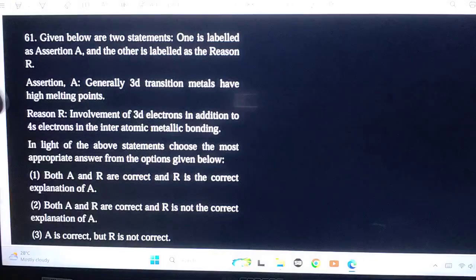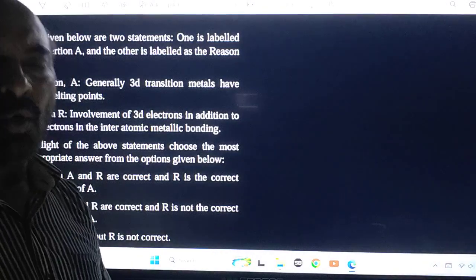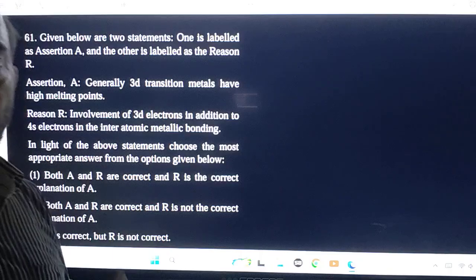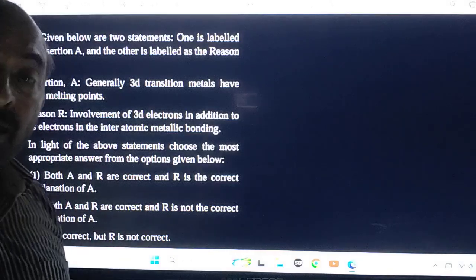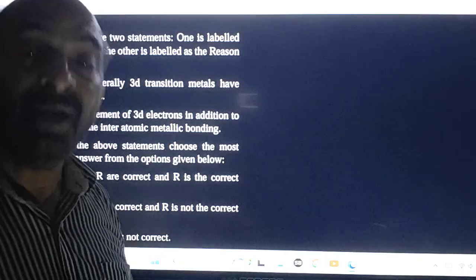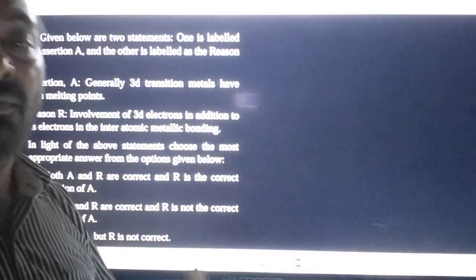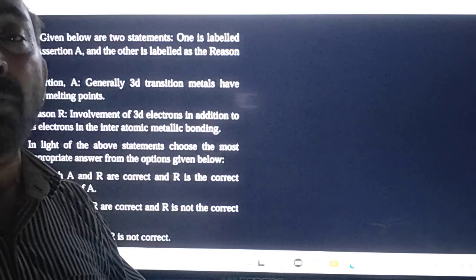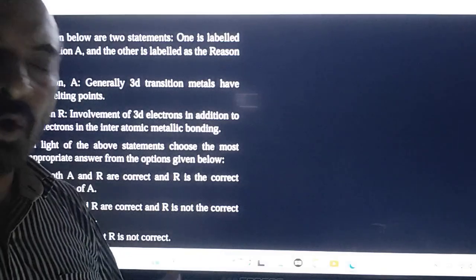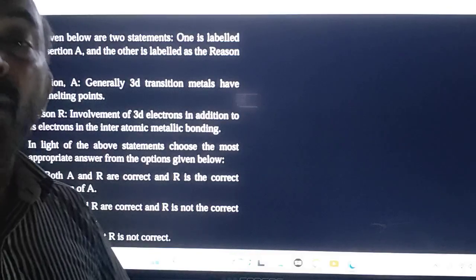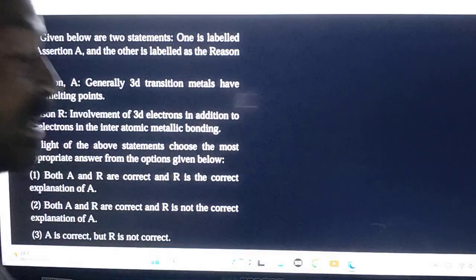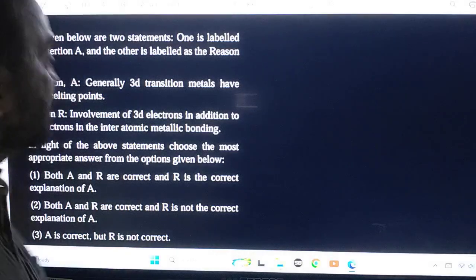Generally d block metals have higher melting points than s block metals. Why? Because here the additional penultimate d electrons are also involved in the interatomic binding of atoms together. Got that? So there are more electrons to bind the atoms together in the d block metals. That's why they have generally high melting points.